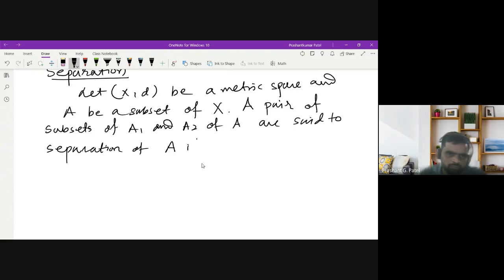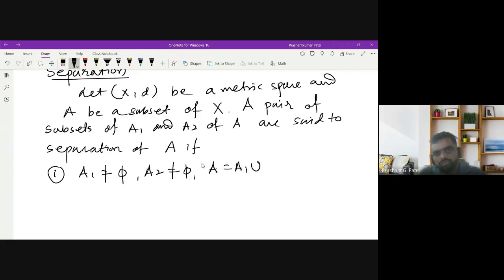The first one: A1 and A2 are non-empty, and A is the union of A1 and A2.